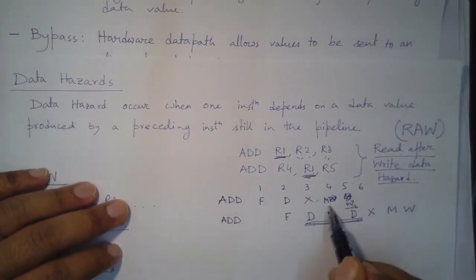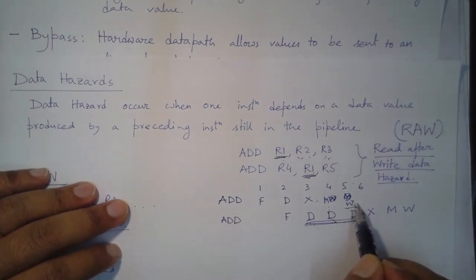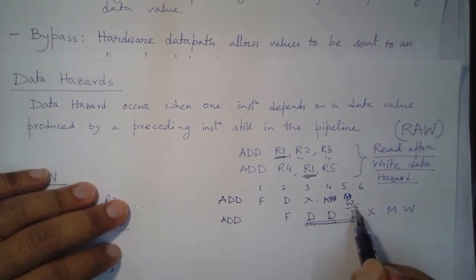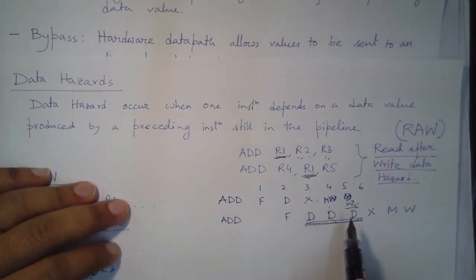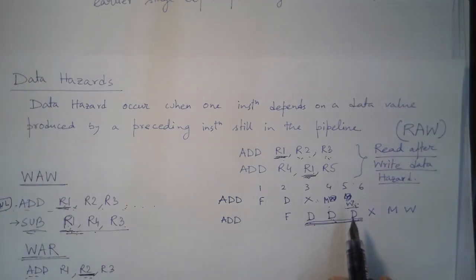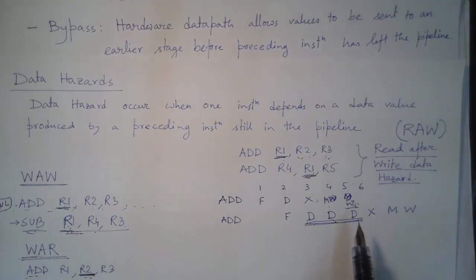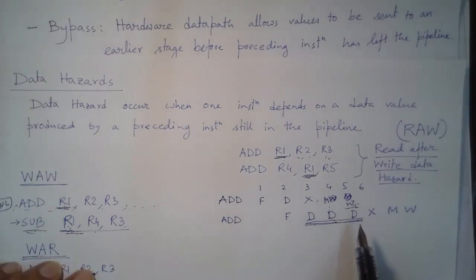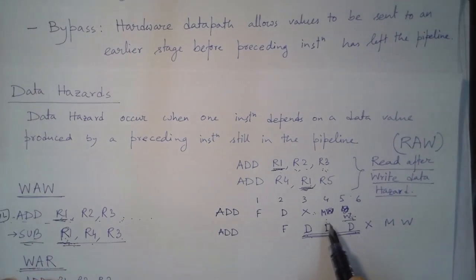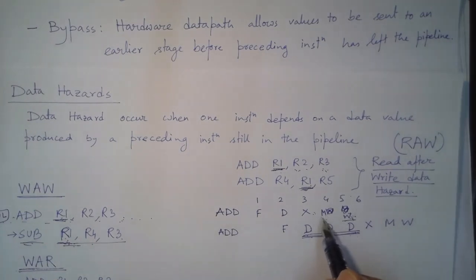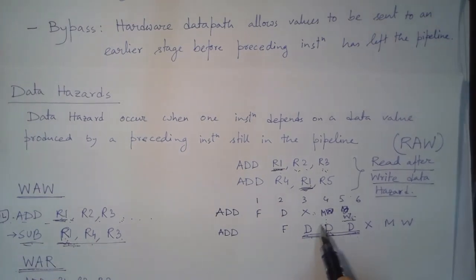So, this instruction will be out of the pipeline only after cycle number 5, right. But what we are saying is that we do not want to wait till that point, and since the data is available, we send this available data to an earlier stage, which is the execute stage, because the add instruction now will move to the execute stage, and we are in the memory stage, where we have the data.